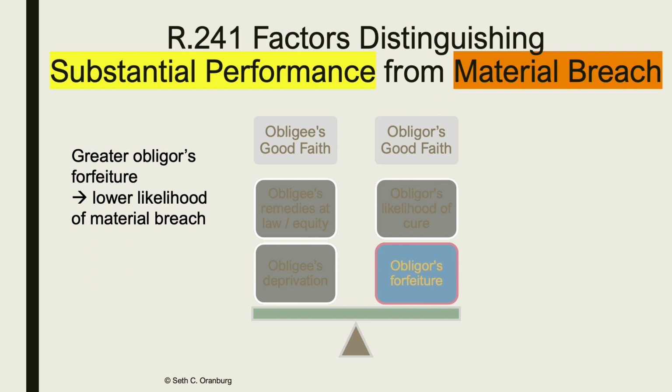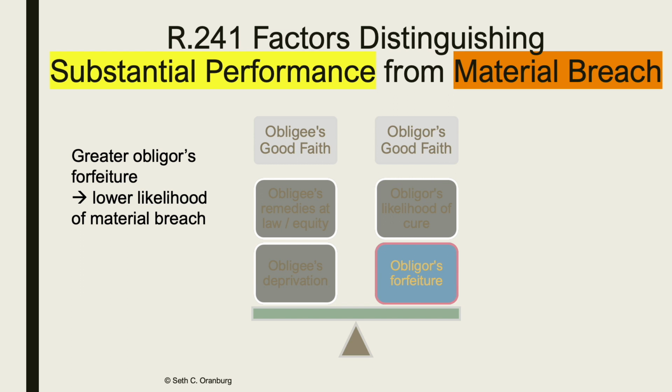If the non-breaching party is only harmed a little by the failure to perform by the obligor, and the obligor would be harmed a great deal, courts might find it unfair to call this a material breach.